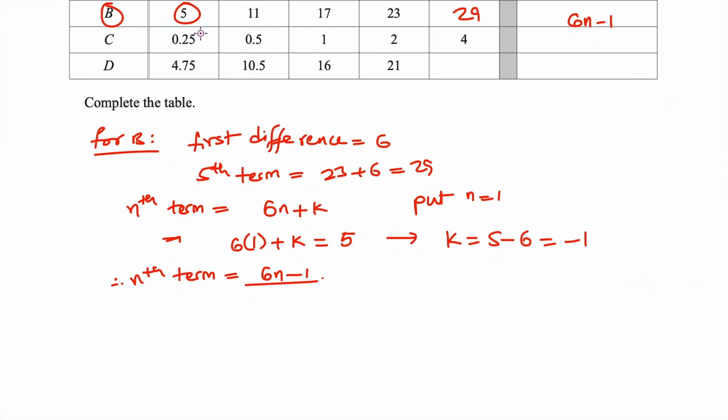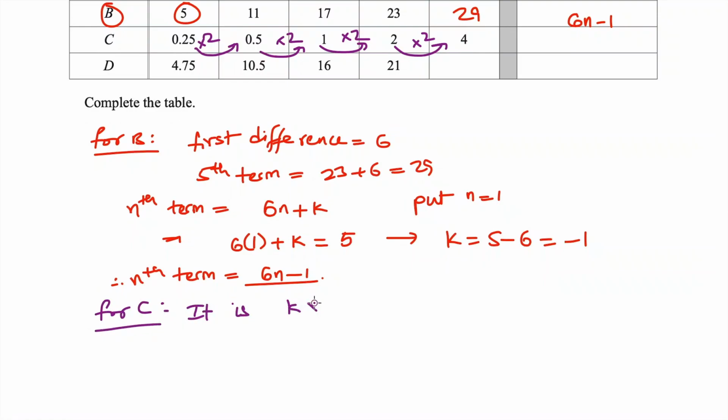So what we can see is here we are multiplying each with 2 into 2 into 2 into 2 into 2, and so for C it is k into 2 power n, right?